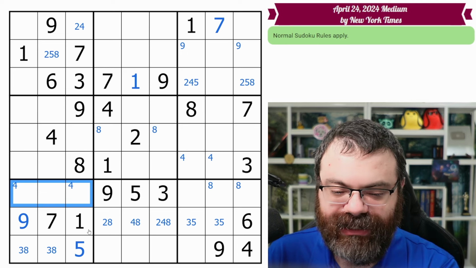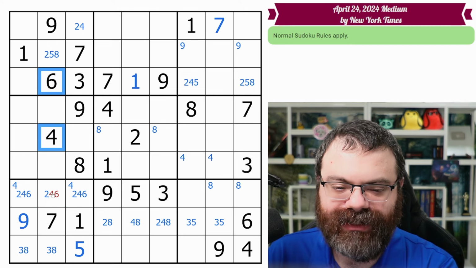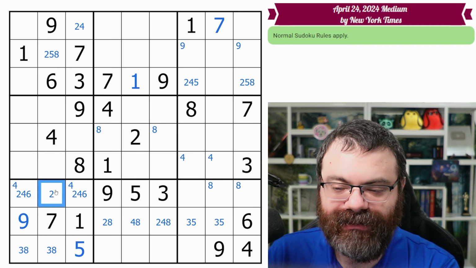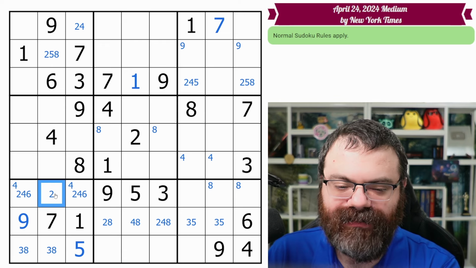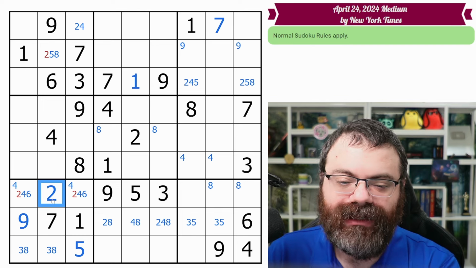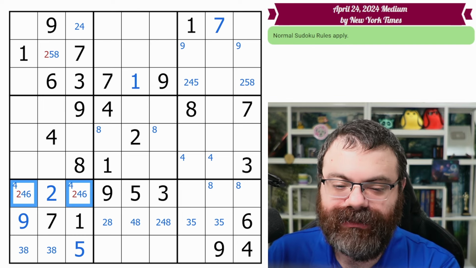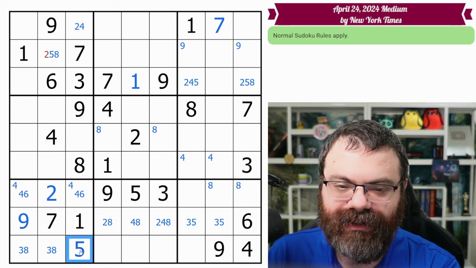So the 3 digits remaining are 2, 4, and 6. And this cell can't be 4 or 6. So this is our first naked single in the puzzle, where we've written out all of the candidates that this cell can be, and it's down to only 2. So it must be 2. That's a naked single. It needs a value, and 2 is the only option. Remember that 8 is not an option because of this pointing 8, or because the 8s are down here, however you want to think about it.